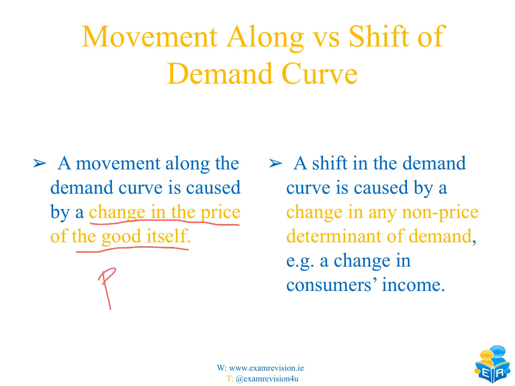So sometimes we say that as the price of good X. Okay? Whereas a shift in the demand curve is caused by any non-price determinant. So demand will change, but the price of the good will stay the same. So some external factor or non-price determinant is causing this to change, such as consumers' income.